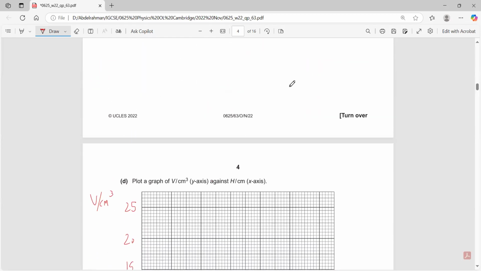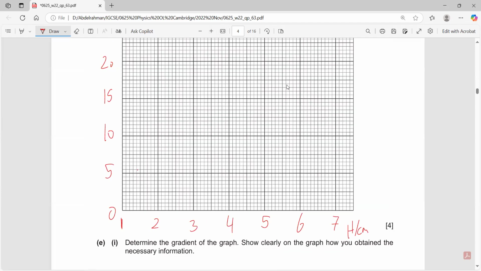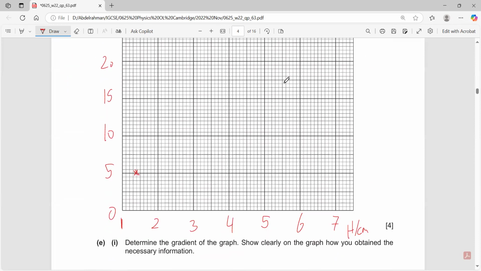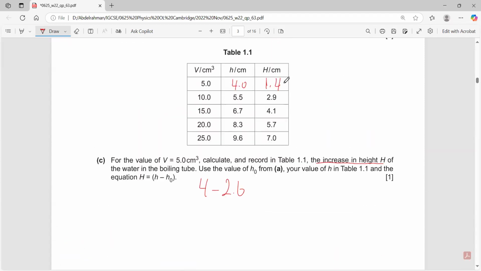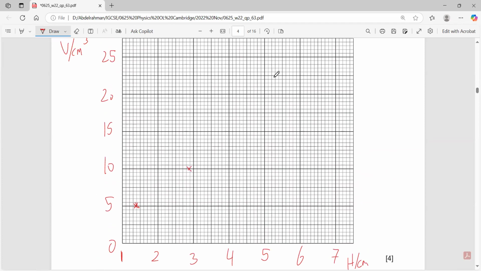5 and 1.4. So this is 1. Let me zoom in. 1.4 and 5. This is the point. And then 2.9 and 10. 4.1 and 15.